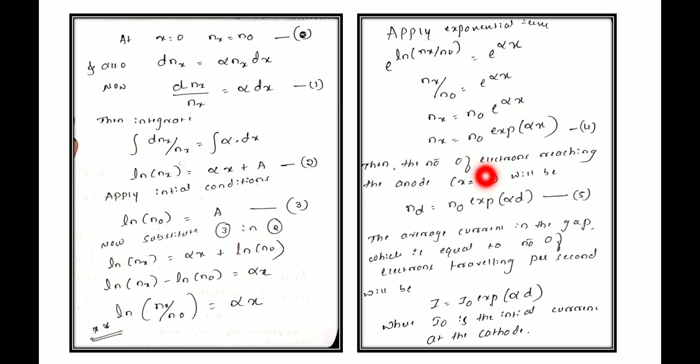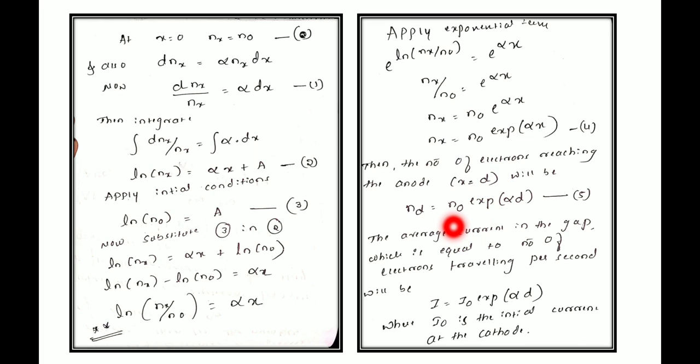Once these many electrons reach the anode, the distance will be x equal to the small d itself. Then instead of x, I will substitute small d. n(d) is equal to n naught exponential into the bracket of alpha into d. Correct? I think this is clear to all of you.